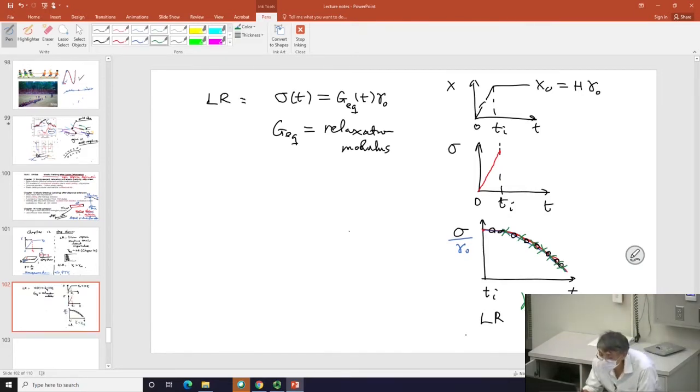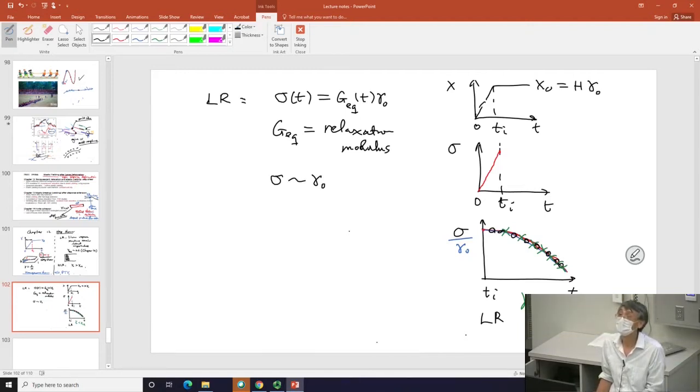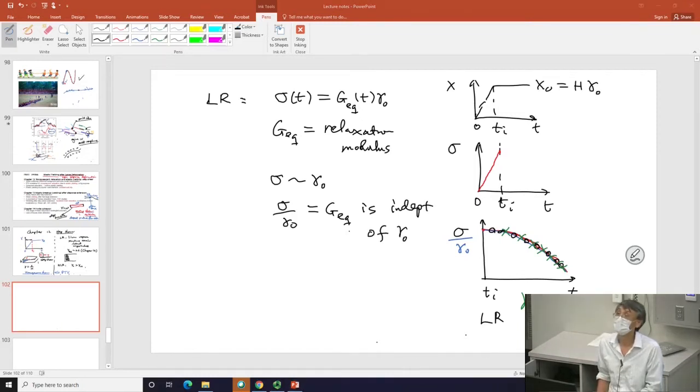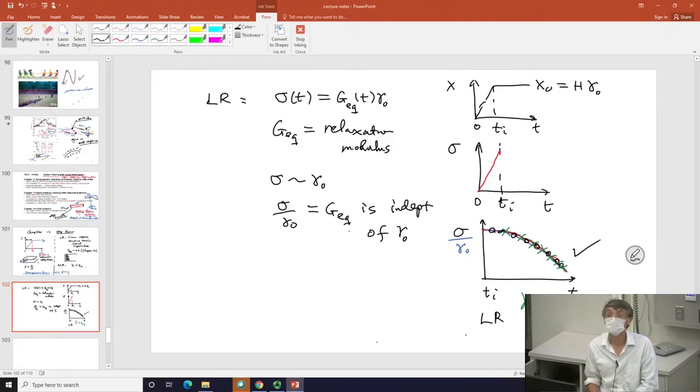All I'm trying to say is that in that limit, the stress you produce is proportional to the strain you used. So that this quantity is independent of the amplitude you used, right? As a result, I can use different strains and I'll get exactly the same curve.